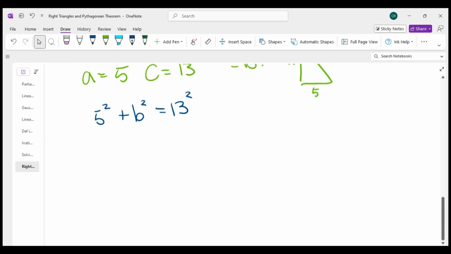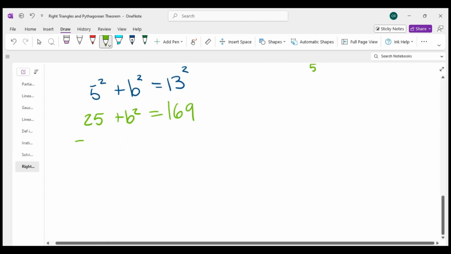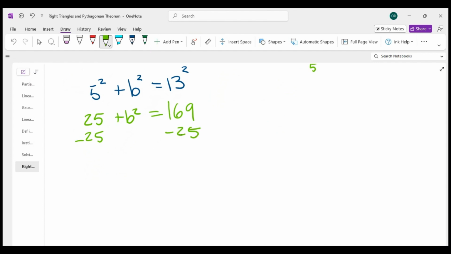Now we can just follow this like an algebraic equation. So you'll have 25 plus b squared equals 169, and you move the 25 over. Then you'll have b squared equals 144. Since we want what b equals, not b squared, you're going to take the square root of both sides, and what you'll end up getting is that b equals 12.